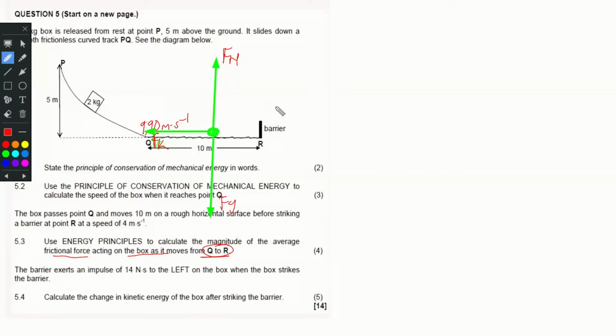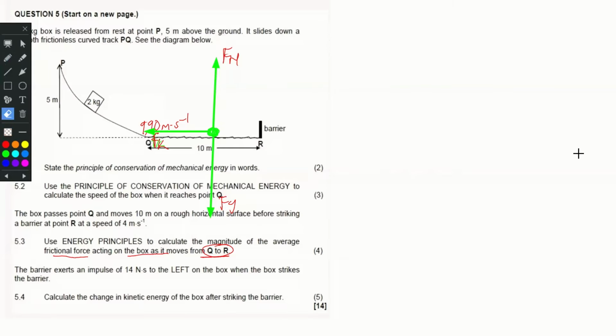Unlike WNC, if you have a horizontal surface, you're just going to put change in EP, and your change in EP will just be 0. So even if you were to consider WNC and say change in EK plus change in EP, because there is no height, this one will just be 0, meaning it will fall off. Now you'd end up with this, which is the same as the W net formula. So rather just work with the W net formula instead of writing this when you're just going to cancel it anyway.